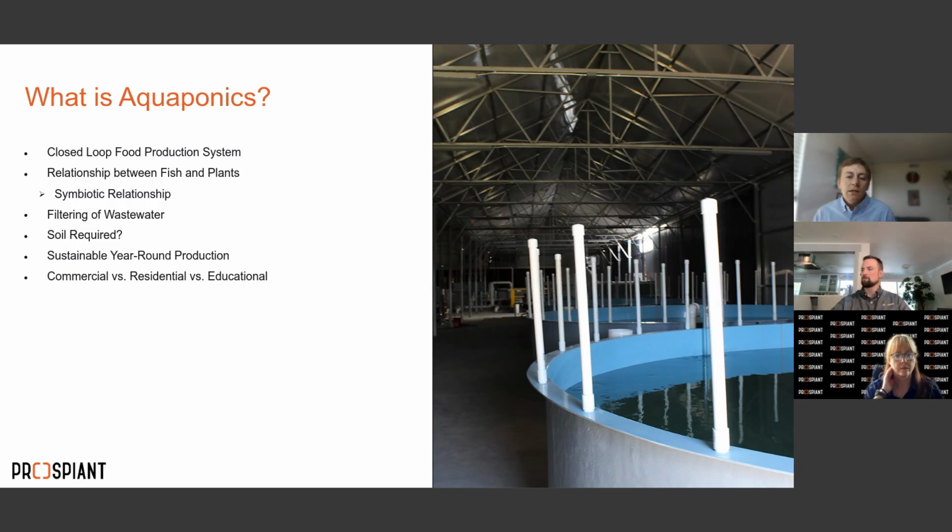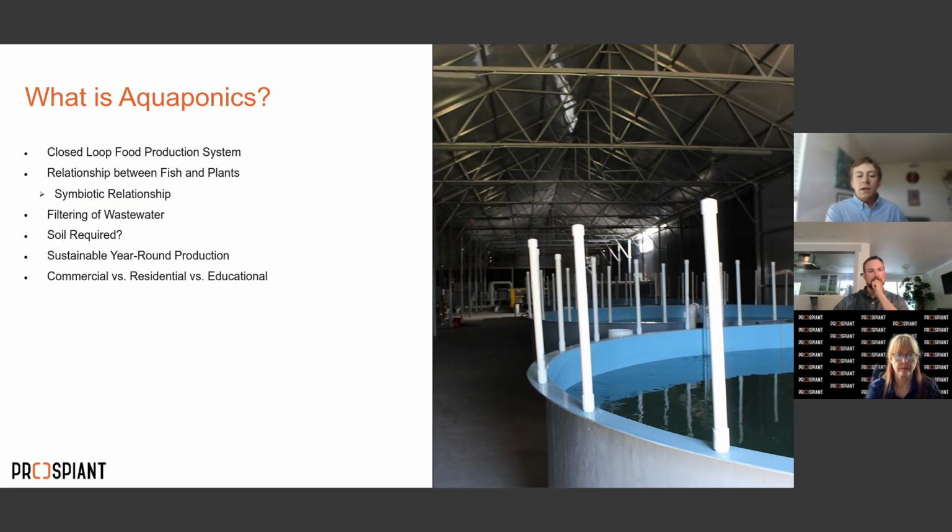So what is actually aquaponics? The way I try and talk about aquaponics is essentially merging hydroponics and aquaculture together. So essentially you are taking waste from fish and utilizing that as nutrients in a produce type of growing facility.